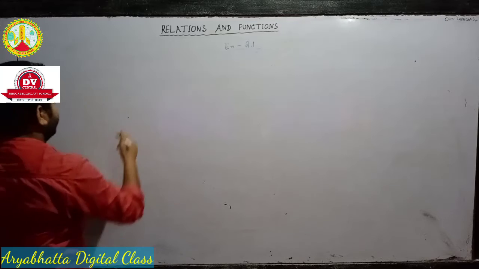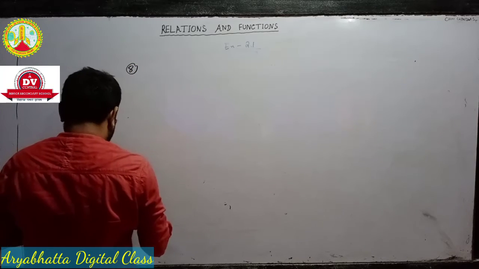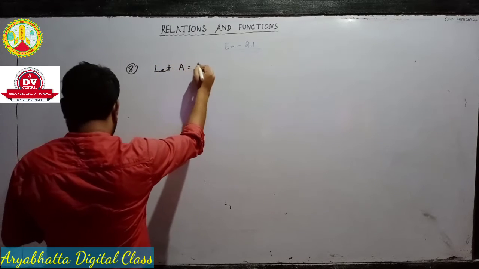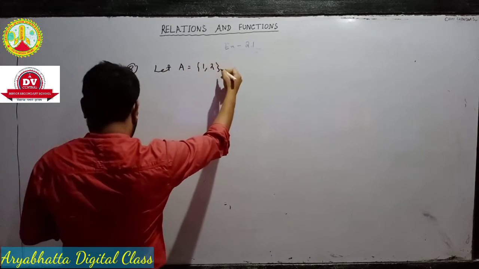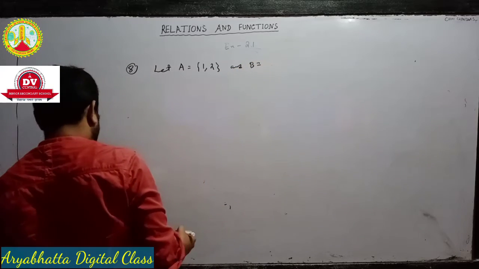Next, question number 8. Let A equal to {1, 2} and B equal to {3, 4}.